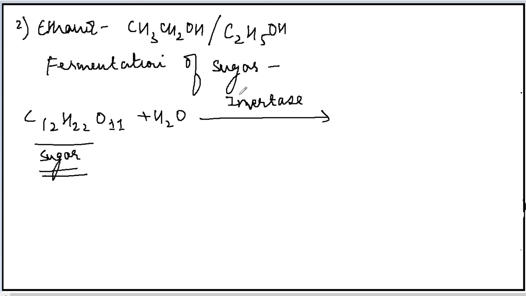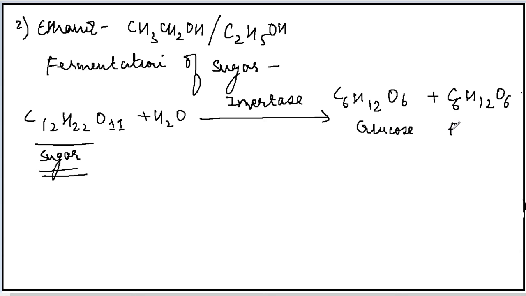By the enzyme invertase it gives you glucose and fructose, and this is obtained from the sugar from sugar cane and fruits.